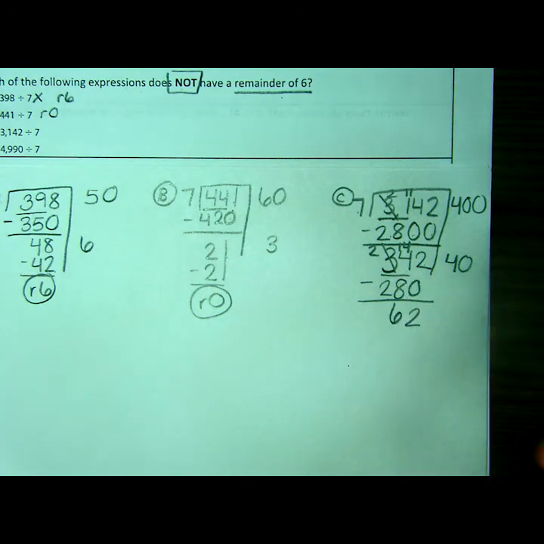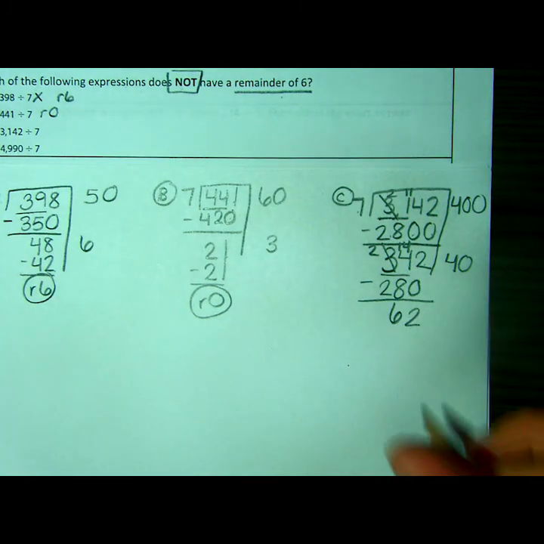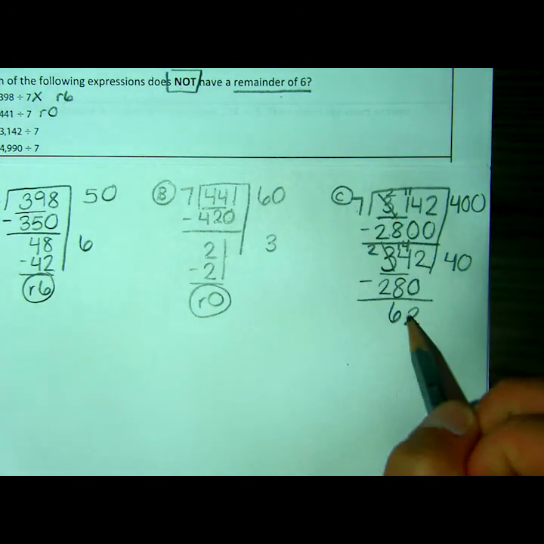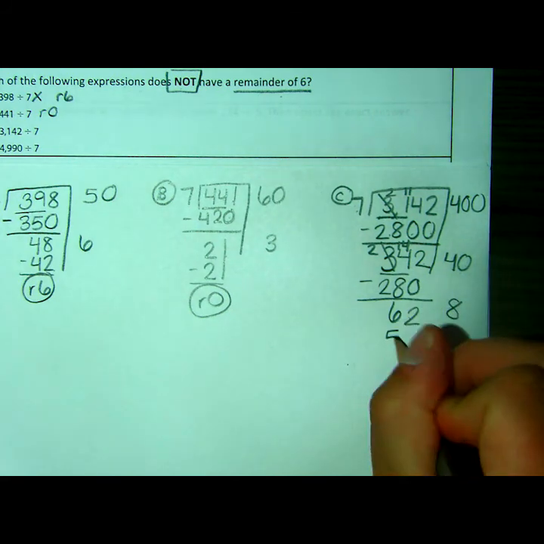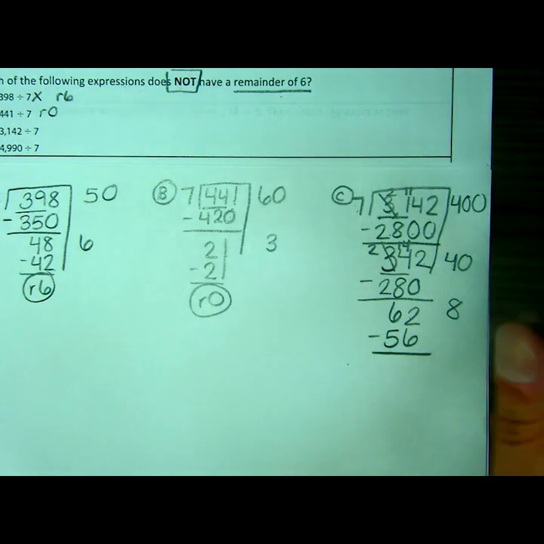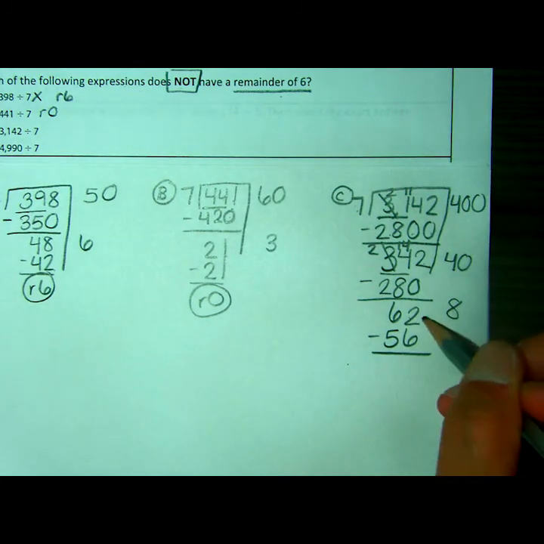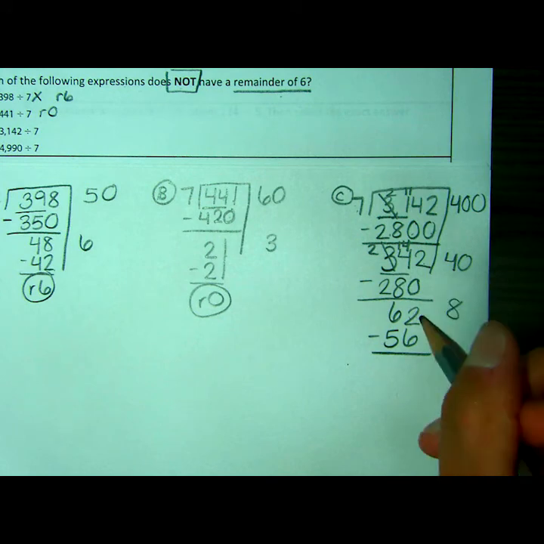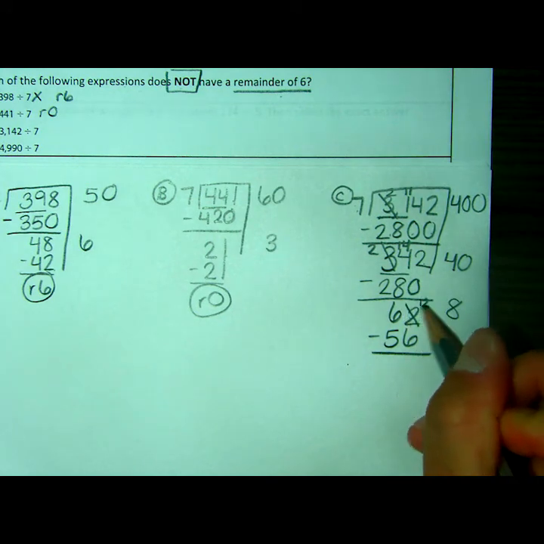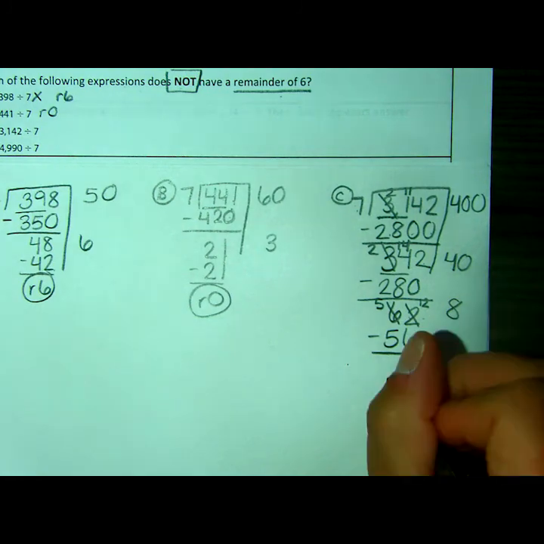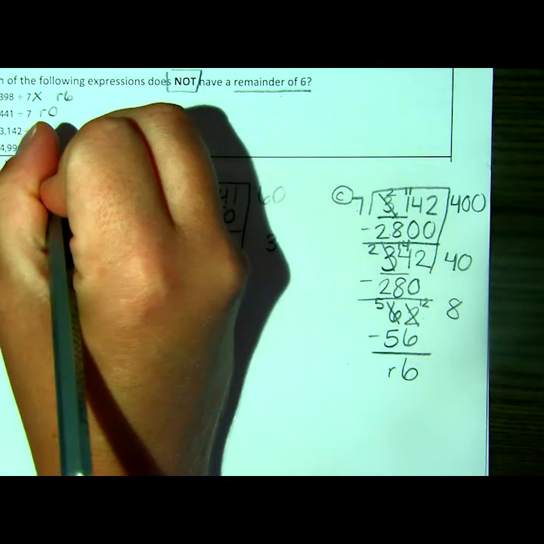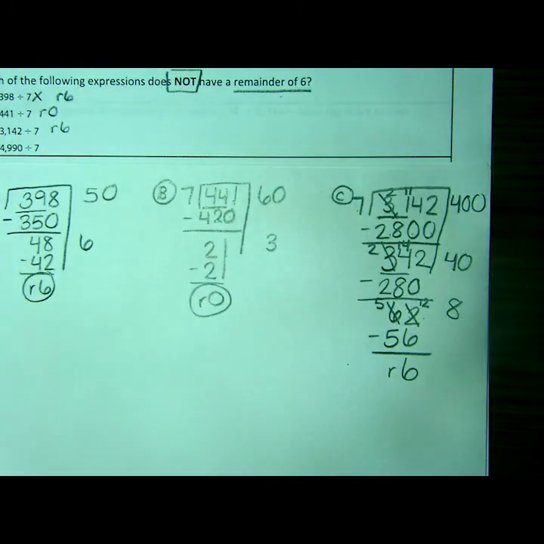That leaves me with 62. And now I know that 7 goes into 62 8 times, because 8 times 7 is 56. If I did another group of 7, 7 times 9, that would be 63, and that's too many. So now I can subtract. I'm going to have to do some borrowing. I have 6 remaining, so remainder of 6. So this one had a remainder of 6, so that was not right.